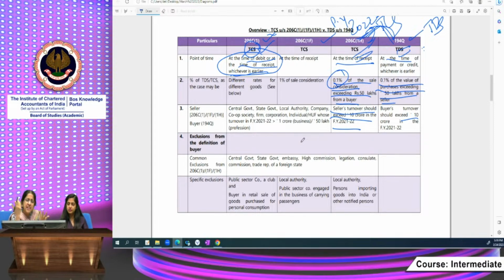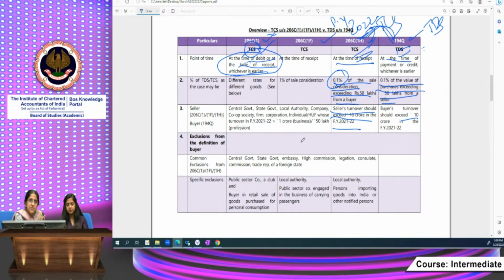Because it's generally all goods and services, somewhere those goods and services would have already attracted TCS under 206C1, under 206C1F. In such a case, what happens? If specifically under 206C1 or 206C1F, tax has been collected, then neither 194Q nor 206C1H would be attracted.